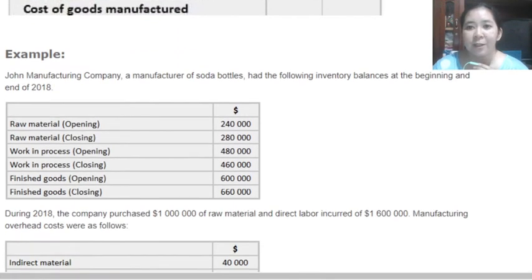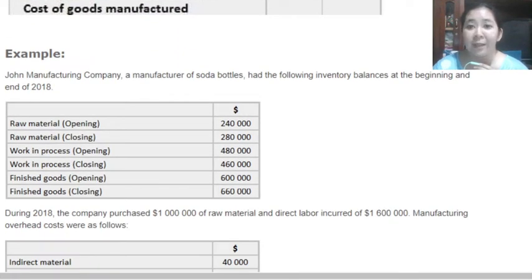So we have here an example with amounts. For John Manufacturing Company, in this case, the company is manufacturing soda bottles. They have the following inventory data, balances at the beginning and end of 2018. They have beginning raw materials of 240,000. Ending raw materials is 280,000.